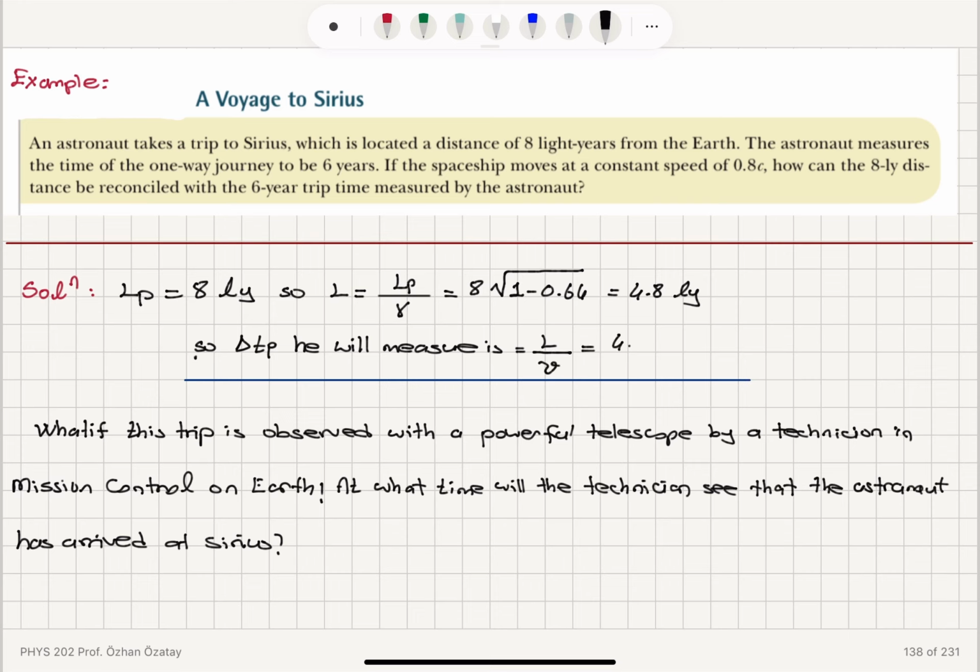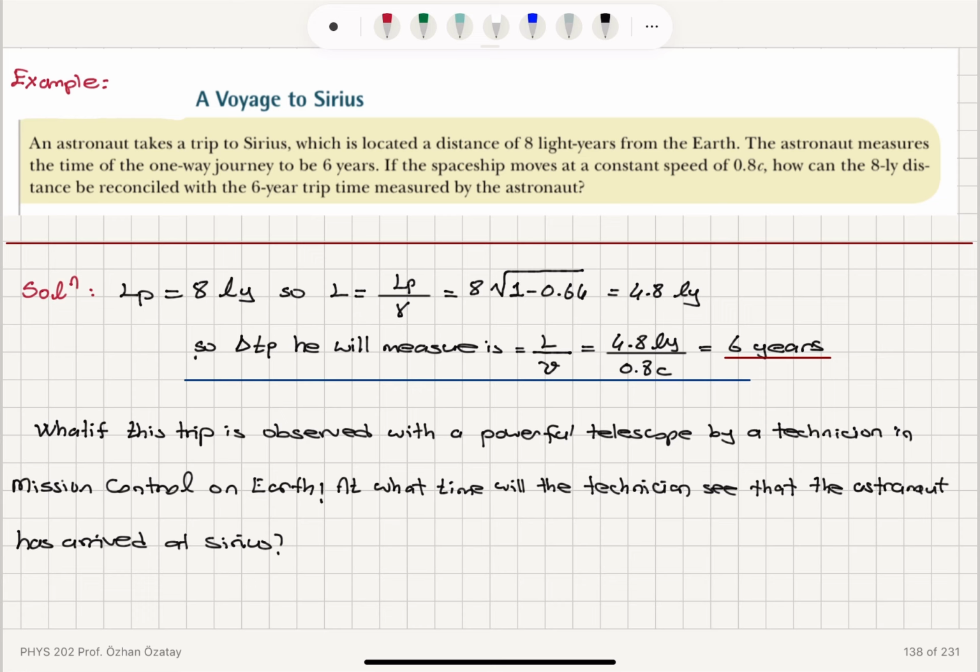So 4.8 light years is the length seen by the astronaut, the distance seen by the astronaut, divided by 0.8 c. The time of travel will appear to be 6 years. Okay, so for the astronaut, one-way journey will take 6 years.